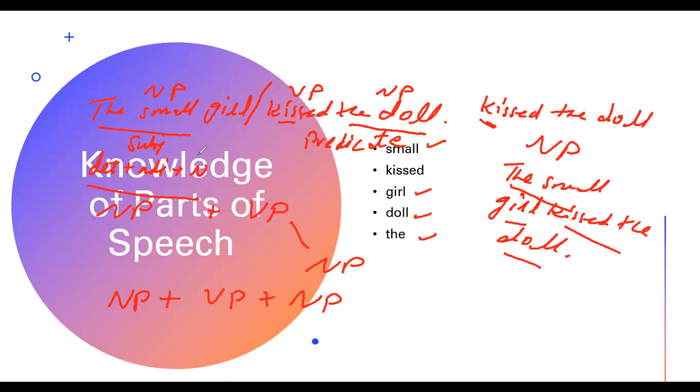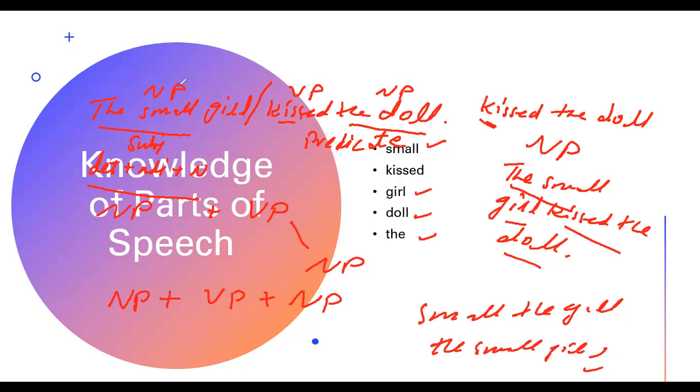It is usually formed when you put the words in the right order. For example, I cannot say "small the girl," it has to be "the small girl." And we also know that a noun is required if you want to write a noun phrase.